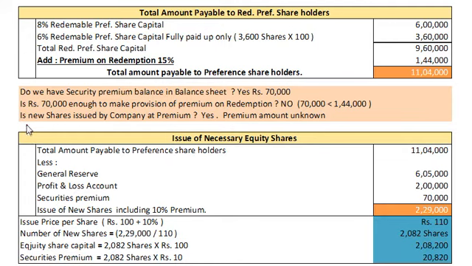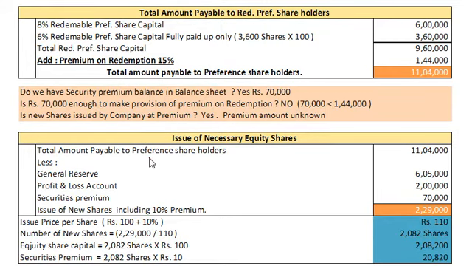Now my next question: are new shares issued by the company at a premium? My answer is yes, but the number of new shares is unknown, so the premium amount is unknown. So after getting these 3 answers, we will decide how to calculate the new sufficient equity shares to be issued.